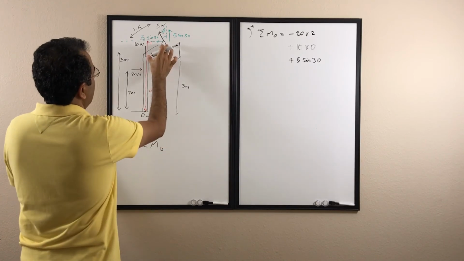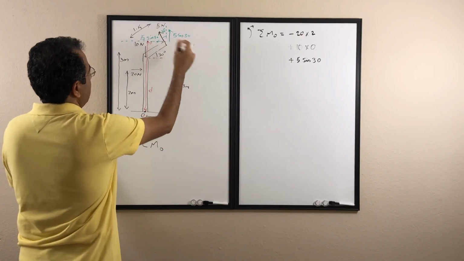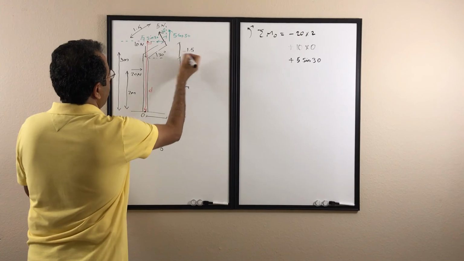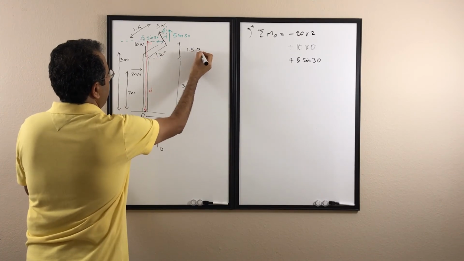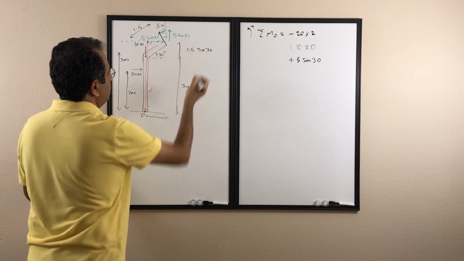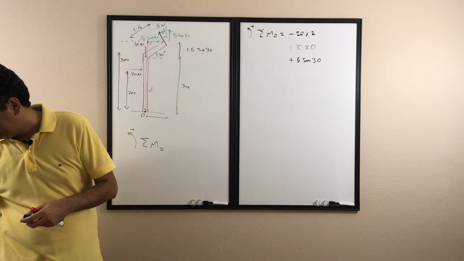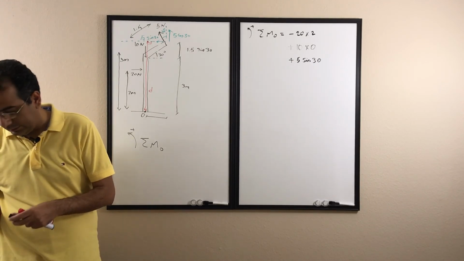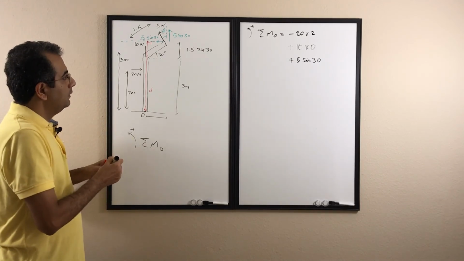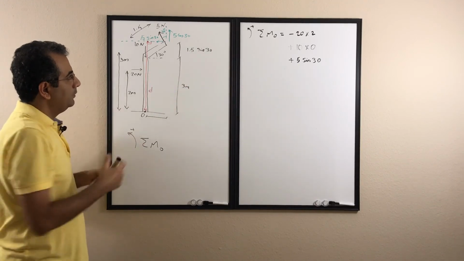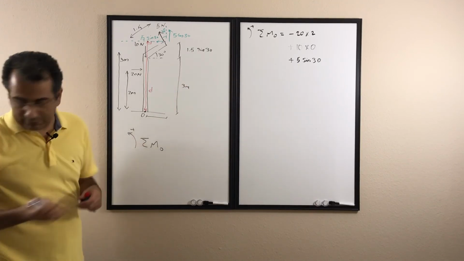If you look at that distance, what's the vertical distance going to be? 1.5 sine 30. So this is the distance that we have there. So in total, the distance is 3 plus 1.5 sine 30.